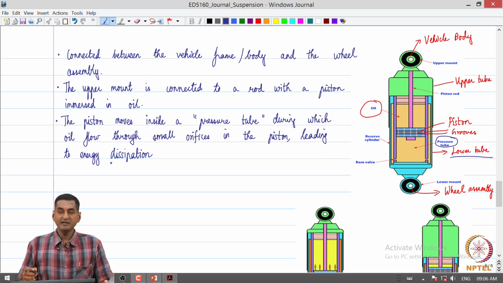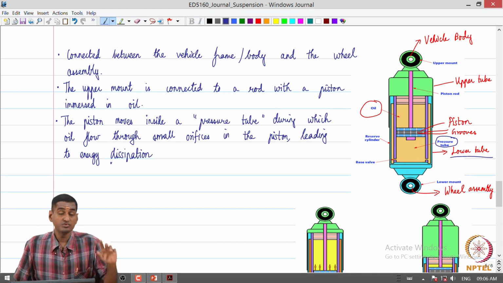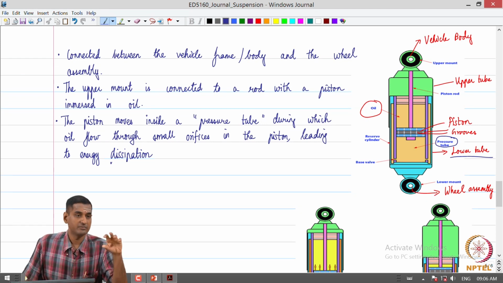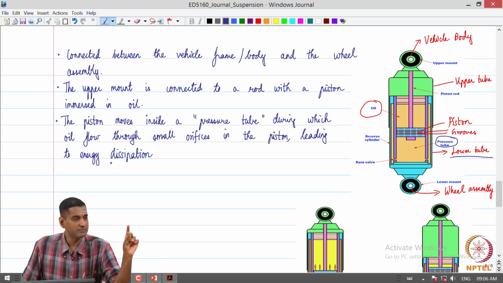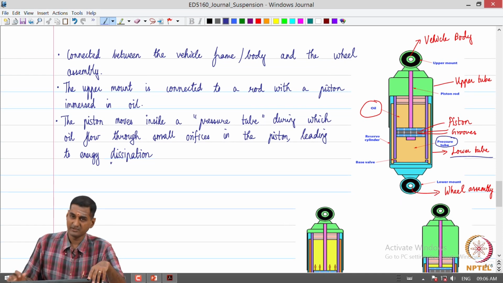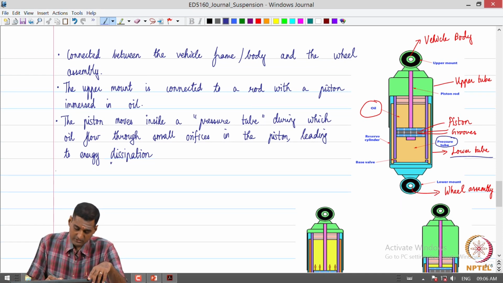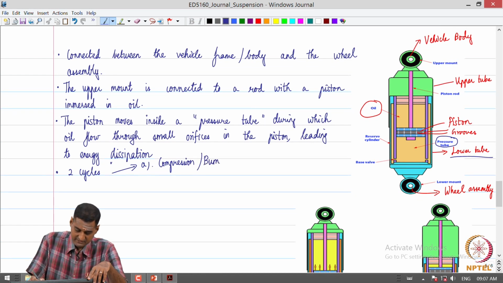Now, broadly there are two strokes of this shock absorber: what is called a compression or bump cycle, and an extension or rebound cycle. We will look at both of them to see what happens. The first one is the compression or bump cycle.